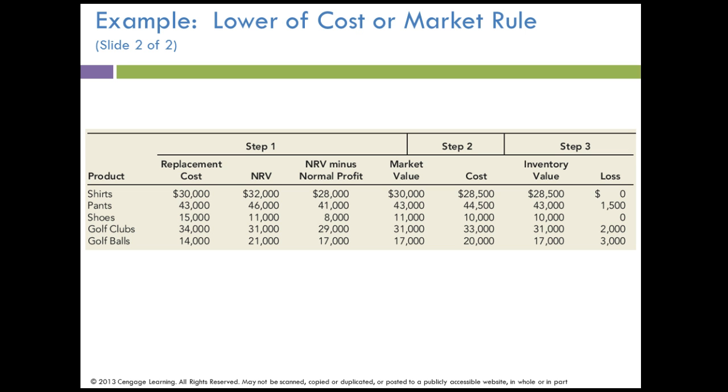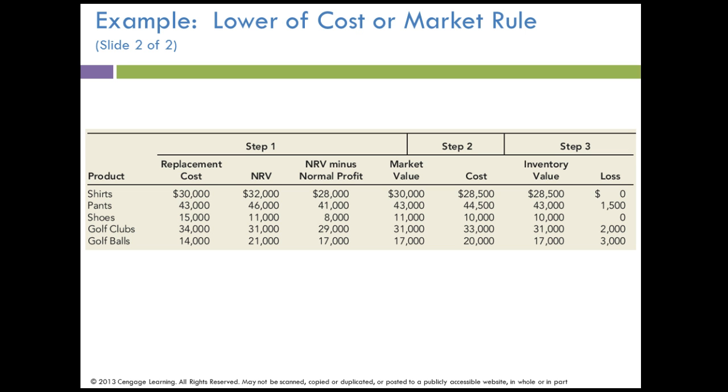Our golf clubs, we purchased them for $33,000. The replacement cost is $34,000. But our net realizable value here is $31,000. And then our net realizable value minus our normal profit is $29,000.